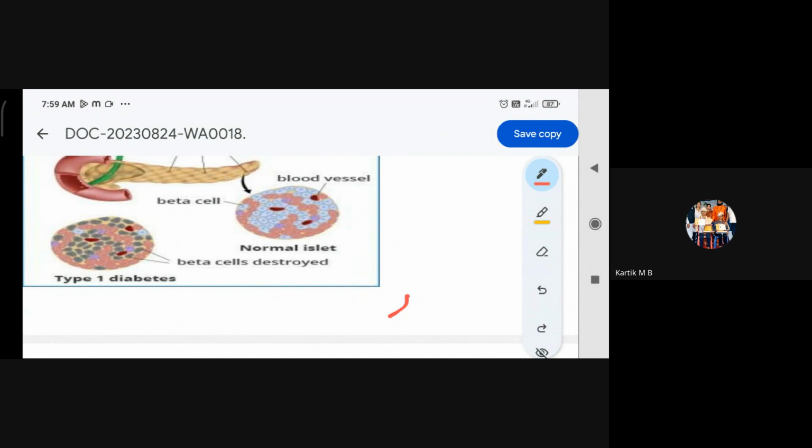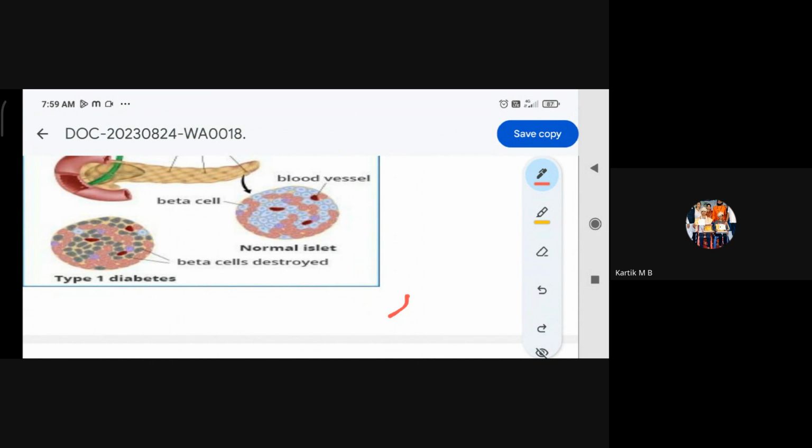Sorry, what I have explained till now is type 1 diabetes, and in type 2 diabetes, the pancreas is not efficient enough to produce insulin.